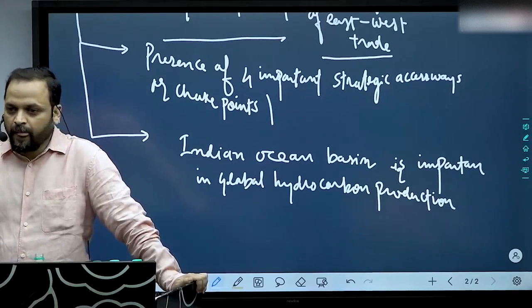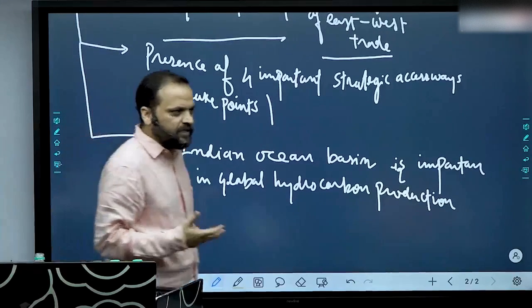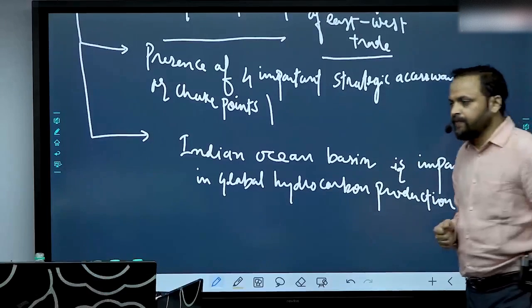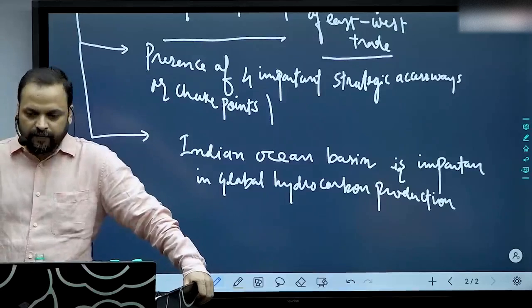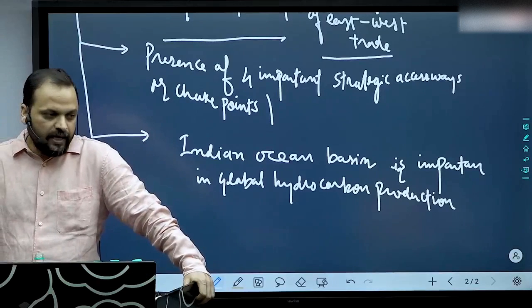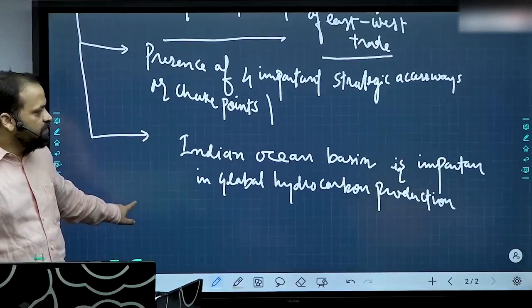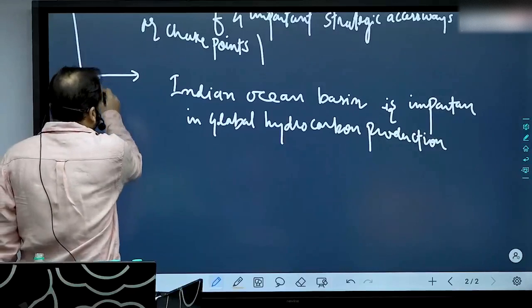Where? For example, the Persian Gulf countries are rich in oil and gas. So 40% of global reserves are in this region, and 40% or more of global production is happening in this particular region. That's why it becomes important from the perspective of global energy security.